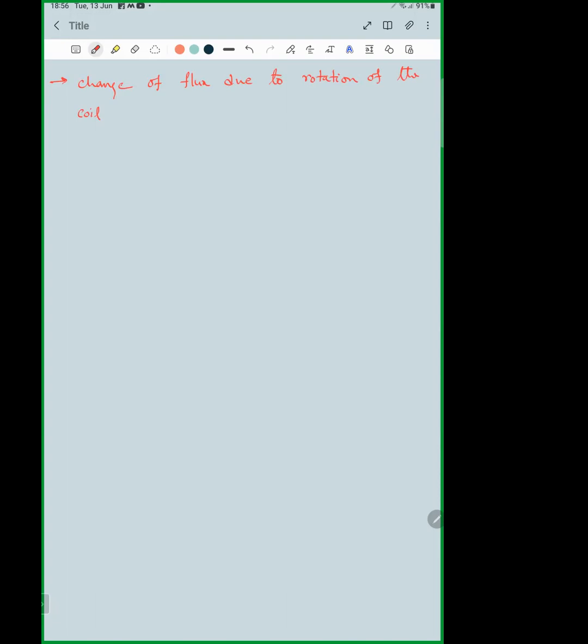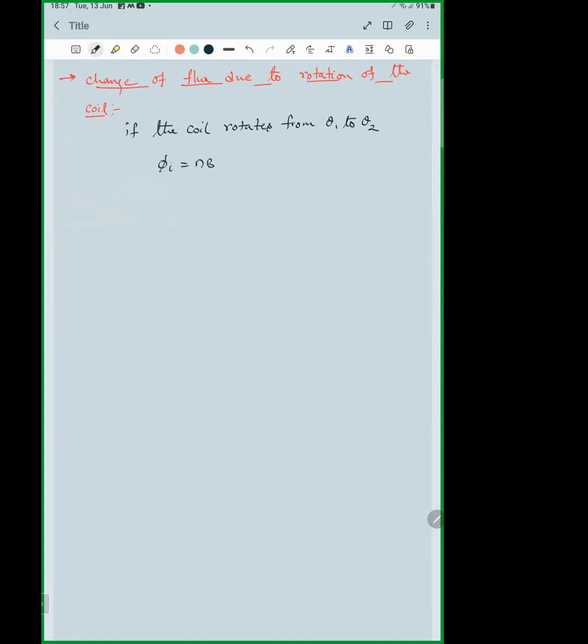Suppose the coil is rotated from theta 1 to theta 2, then what is the initial flux? Initial flux is equal to NBA cos theta 1, because the initial angle is theta 1.